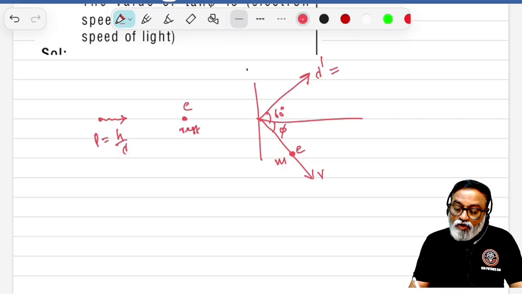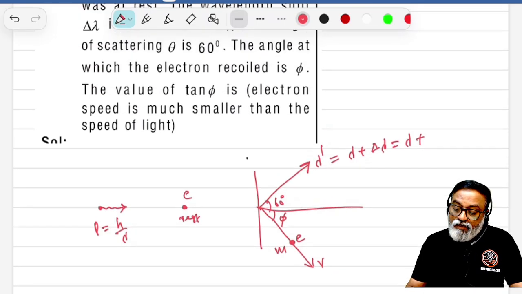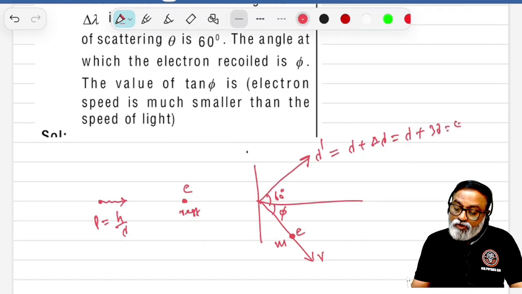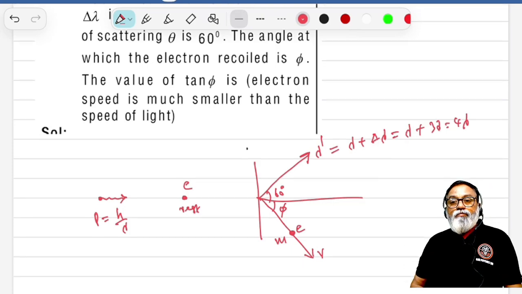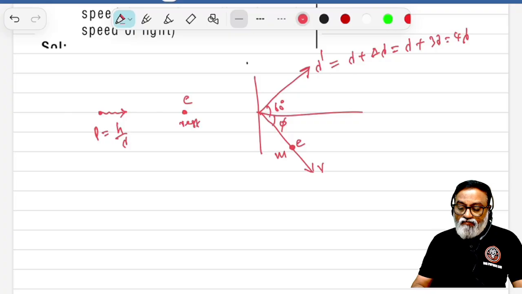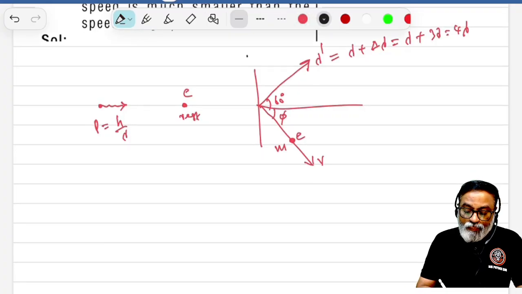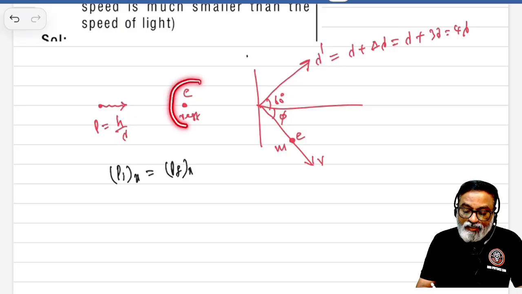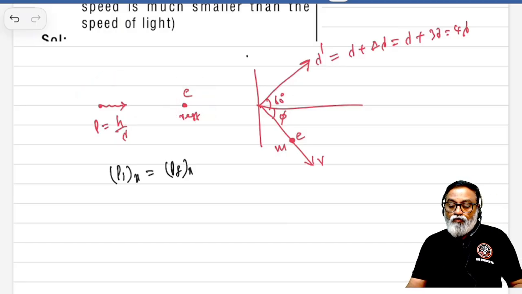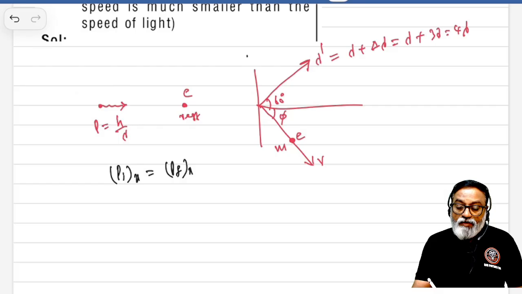This lambda dash is equal to lambda plus delta lambda. Delta lambda is given as 3 lambda. Therefore, this becomes 4 lambda. Here we have to conserve momentum in x direction and y direction. Initial momentum along x direction is equal to final momentum along x direction. Initially, electron is at rest, only the momentum of photon, that is p equal to h by lambda.